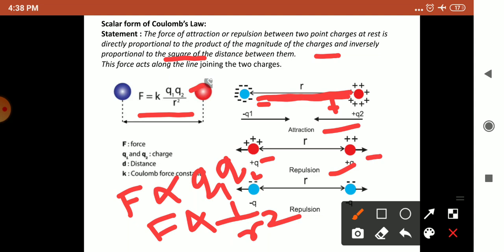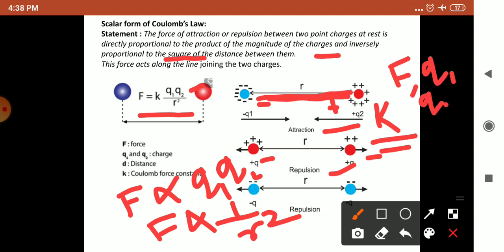Here K is the constant of proportionality. Its magnitude depends on the units in which F, that is force of attraction or repulsion, the charges Q1 and Q2, and the distance between those two charges are expressed, and also on the properties of the medium around the charges.